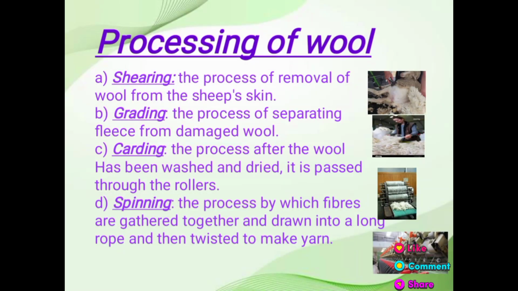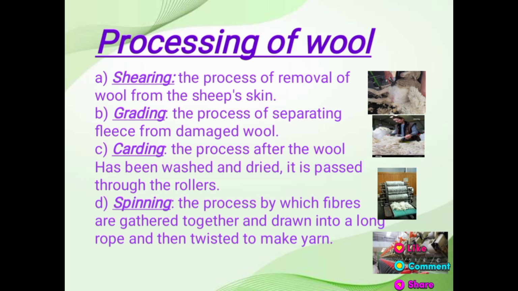Processing of wool. How can wool be made into fabric? First process is shearing. In this process, we remove the wool from the sheep's skin. The process of removal of wool from the sheep's skin is called shearing.